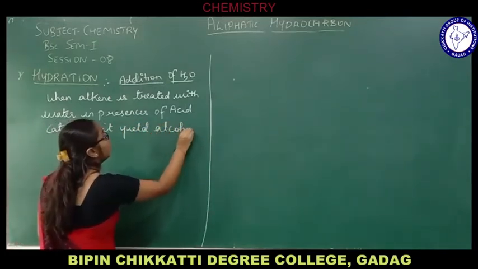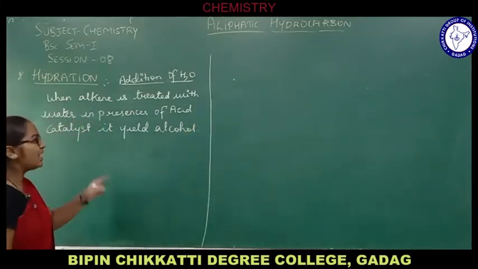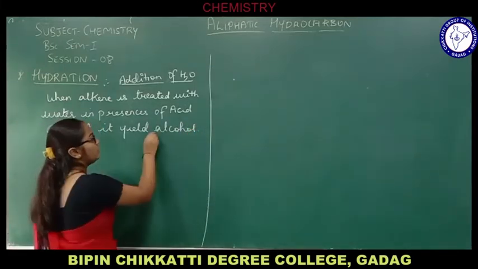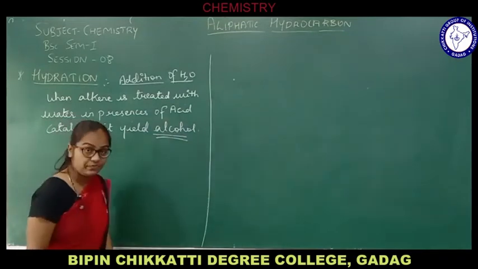It yields alcohol, right? So the main important product which is going to get formed over here is alcohol, right?